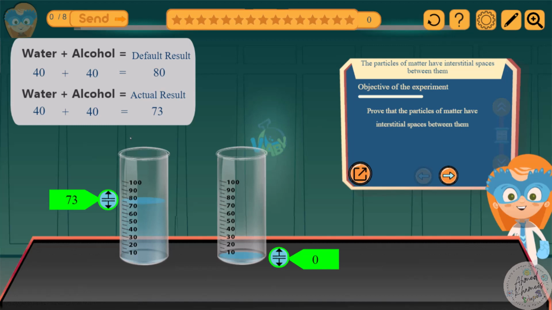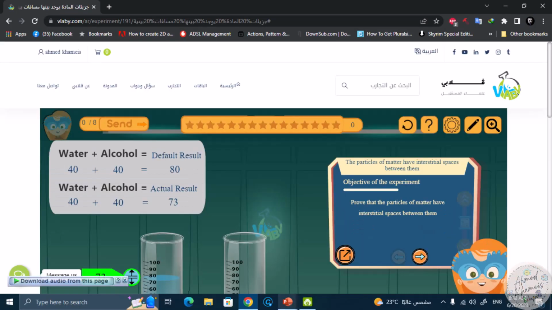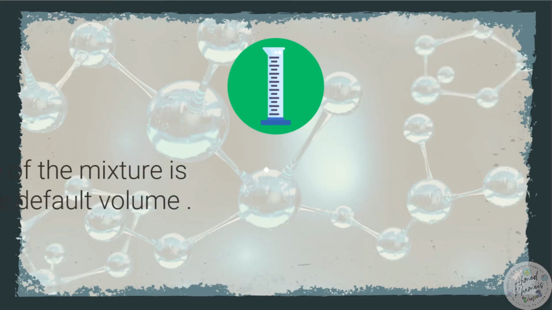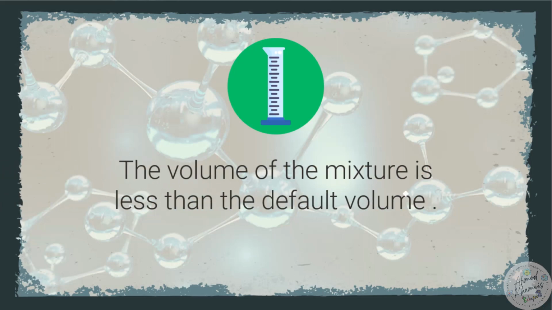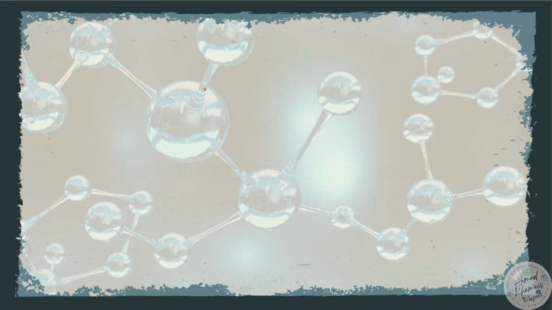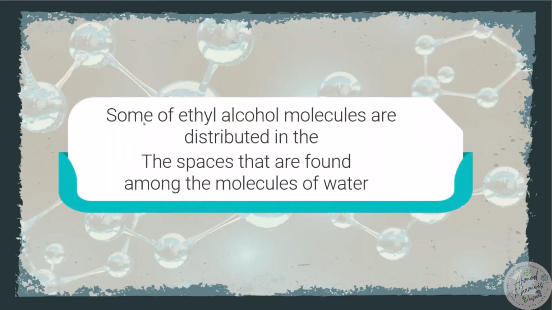Because there are intermolecular spaces between the water molecules that the ethyl alcohol entered. So the volume of the mixture is less than the expected volume because some of the ethyl alcohol molecules moved into the spaces found among the molecules of water.